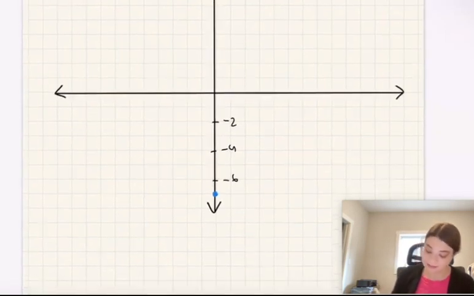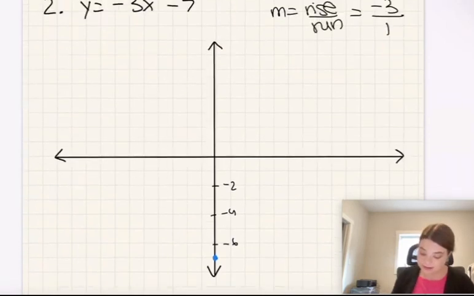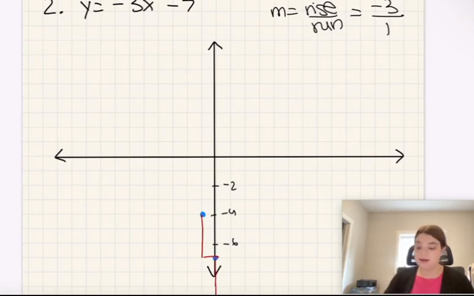Now in this case, same thing, we'll go off the grid if we do 1, 2, 3 down and over 1 like that. So instead, I'm just going to go the opposite direction and draw my next point here. Because the key thing is, if we're going from left to right, to go from one point to the next we go down 3, 1, 2, 3 down, and over 1. And then down 3 again, over 1 again, and so on. We keep doing that because the line has a consistent slope all throughout it.